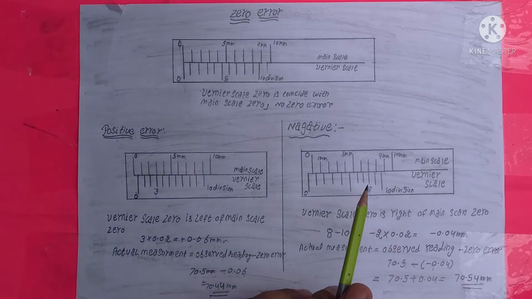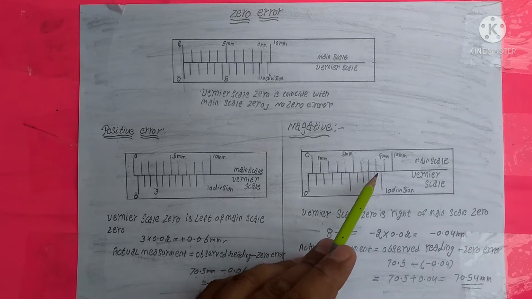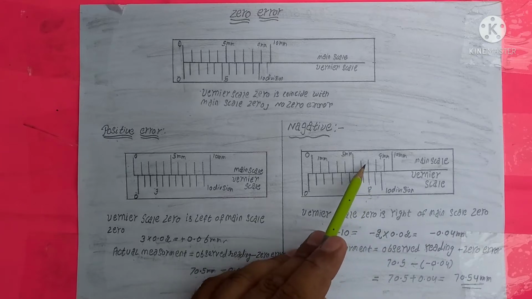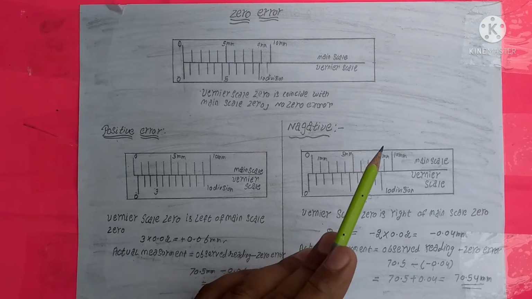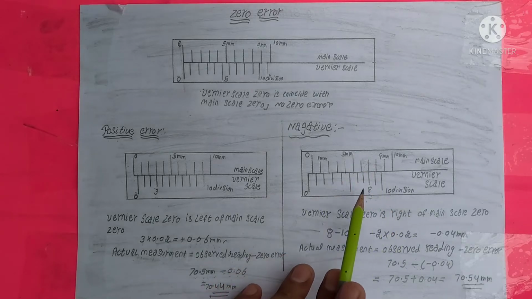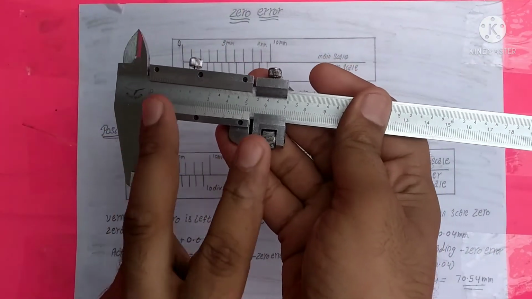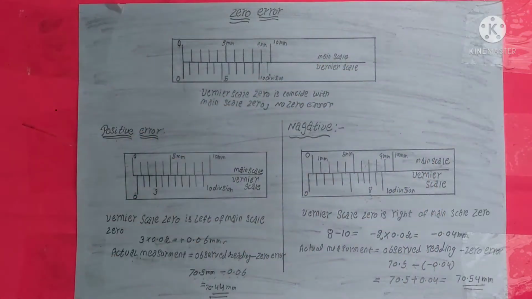And now in the case of negative error, you can see our 8th number division best coincides with the main scale division. Now first subtract the total number of divisions on the main scale from the best coincide. In this case there are a total of 10 divisions, but in the equipment the total number of divisions is 50.